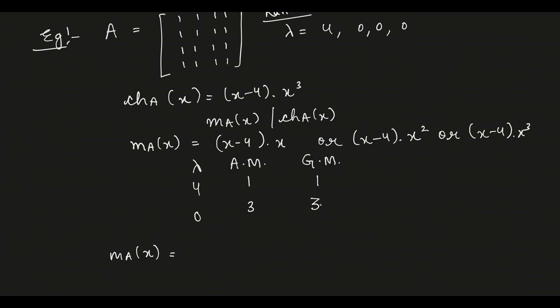Then take this GM and I will do partition of this 3. What are the possible partitions? It is 1 plus 1 plus 1, then 1 plus 2.